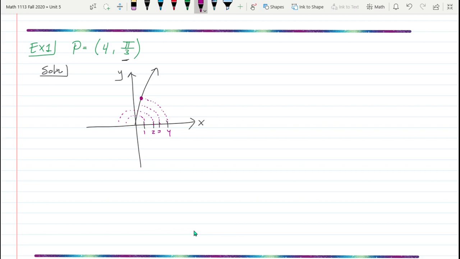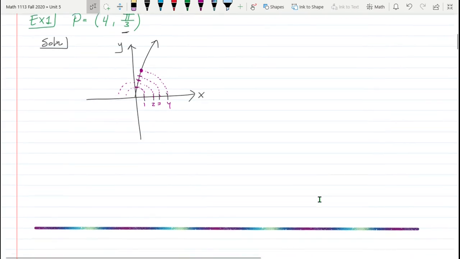So if I was to plot the point 4 comma pi over 3 in polar coordinates, then this is how it would go. I first locate the angle, my angle aperture, and then how far away from 0 I am, which is the radius. This is just an introduction, one way to plot something like this.